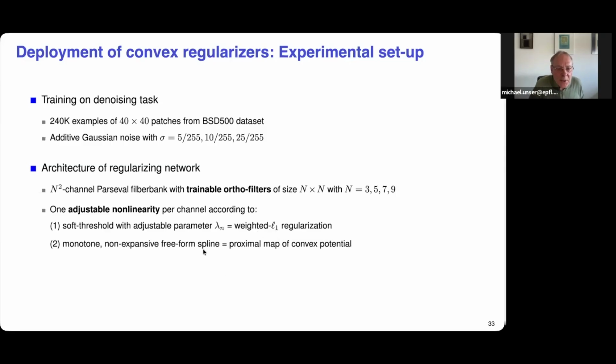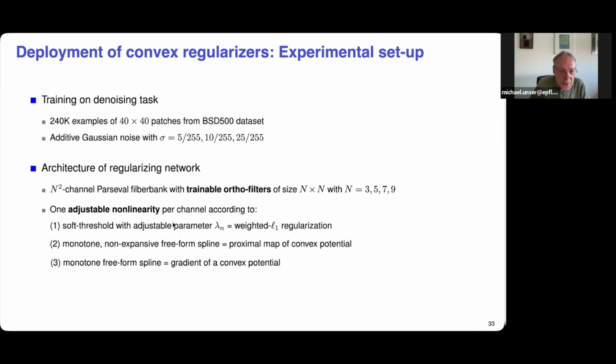For example, in this scheme, we will actually train a potential to be a free-form spline, but subject to convexity constraints. And that we can do in the two algorithms, because we had one proximal algorithm and the other was a steepest descent. And so there we can also eventually learn the nonlinearity.